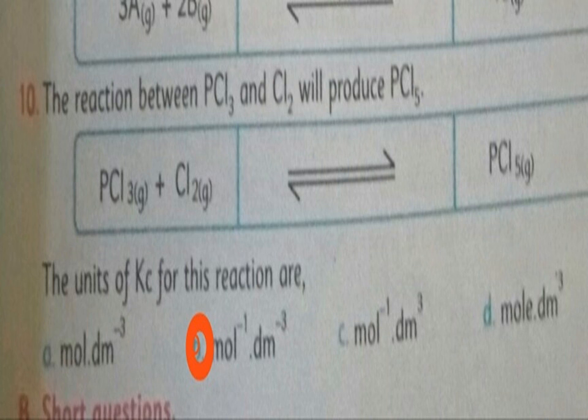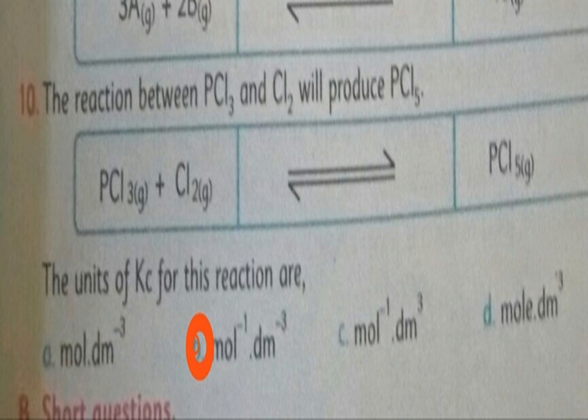So what we have to do: Kc is equal to phosphorus pentachloride in the numerator and the concentration of phosphorus trichloride and the concentration of chlorine in the denominator. If we write down their units, Kc is equal to mole per decimeter cube divided by mole per decimeter cube and mole per decimeter cube.